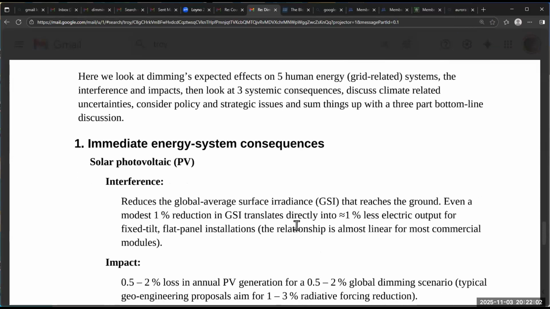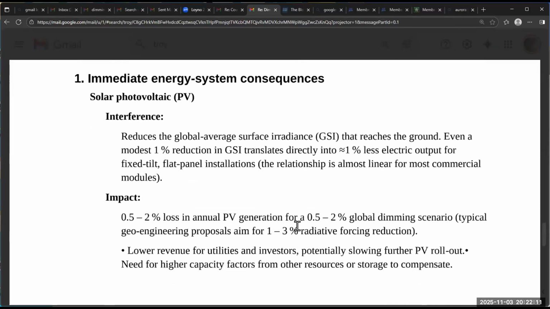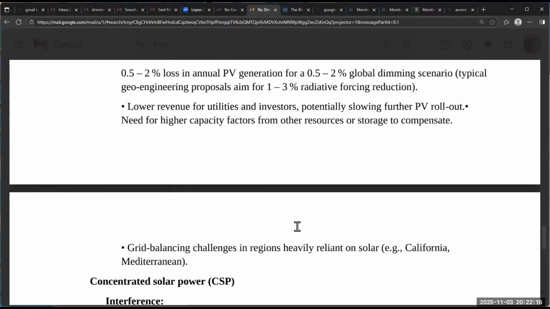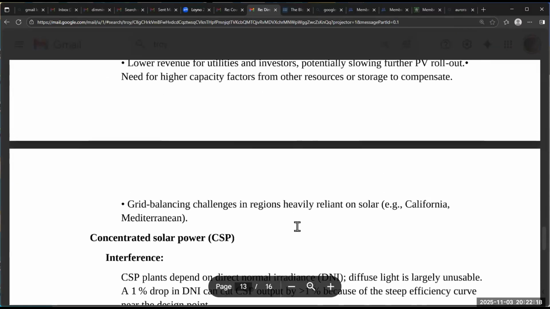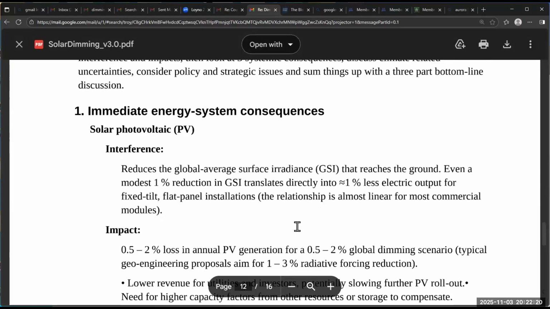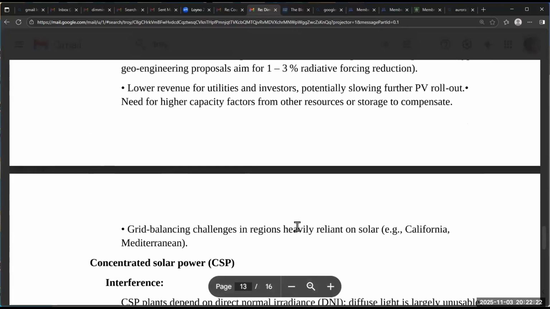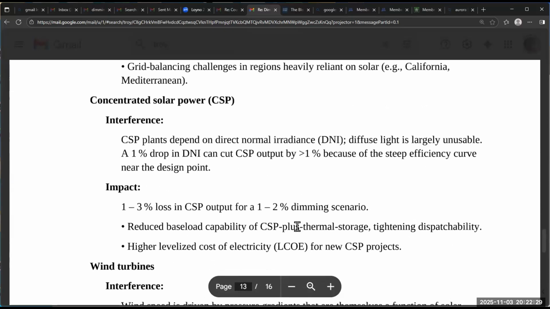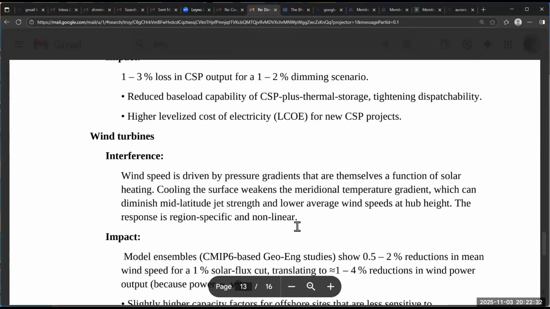If we're reducing solar radiance, our photovoltaics and wind turbines and so forth are likely to be affected. Hydrologic power will be affected by changing precipitation patterns, and even nuclear will also be affected, but less so, by changes in cooling water availability and things like that.